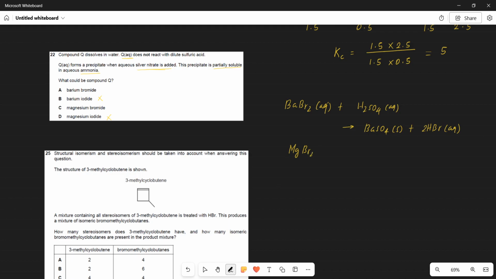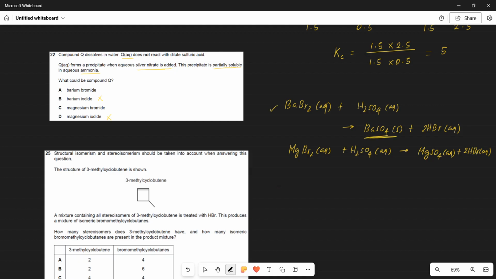When I consider magnesium bromide aqueous plus H2SO4 aqueous, it also gives magnesium sulfate aqueous plus 2 moles of HBr aqueous. So what is the difference? How do I say Q doesn't react? I just need to write the ionic equation for both the cases.